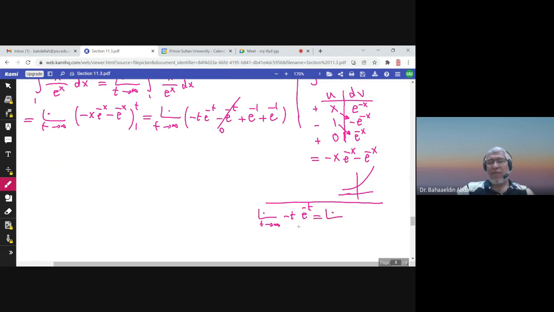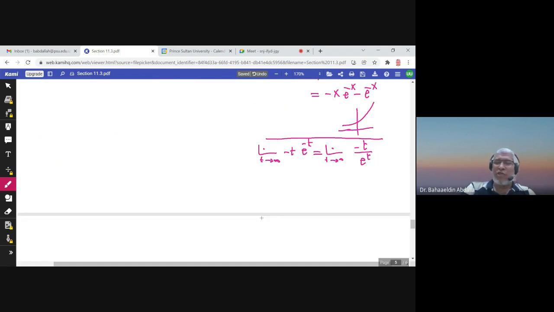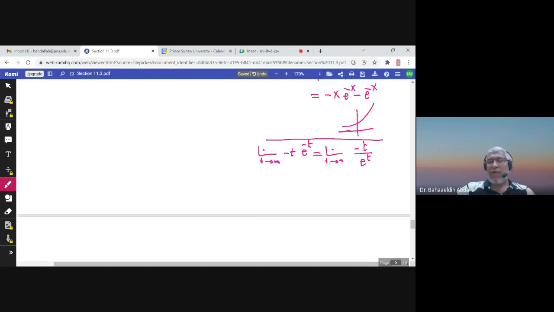Because I have infinity times 0, in L'Hopital's formula I need to write it like this. I need to take one of the functions below. So now if I replace t by infinity, I get infinity over infinity. And this means I can use L'Hopital's formula.